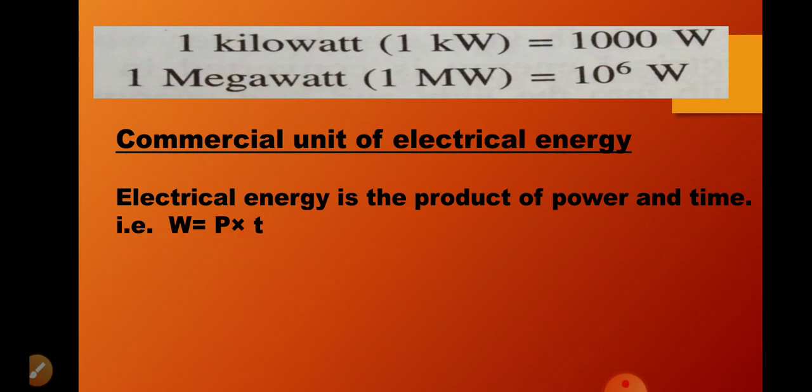But in practice, electric energy is measured in bigger units, that is watt hour. This smaller unit is not sufficient to calculate the electrical energy used in industries and all. So instead of watt second, the bigger units of electric energy are used.